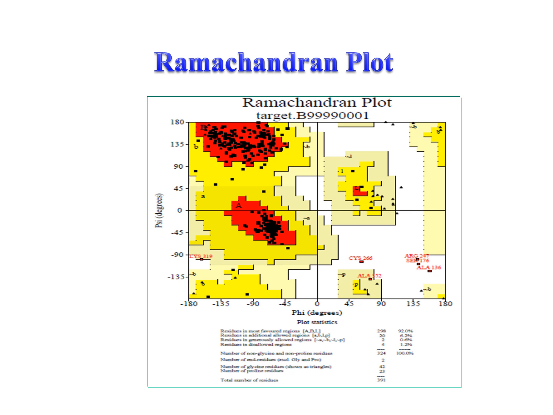In the Ramachandran plot, the residues present in the most favored regions, considered by their psi and phi angles, are in the red column, whereas residues in the additional allowed regions will be in the yellow, and the residues in generously allowed regions will be in the sandal color. The amino acids in the disallowed regions are in the white region. So you have to take care of the amino acids in the disallowed regions.